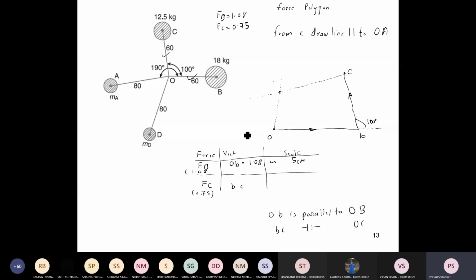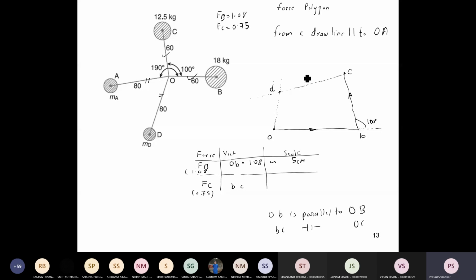Sir, can you repeat the step from C? From C, draw a line parallel to OA, and from O, draw a line parallel to OD. Right. So both these lines will intersect at a point, that is point D. Alright.